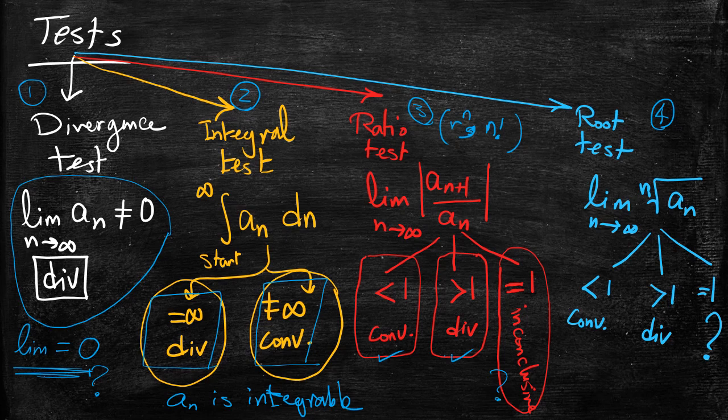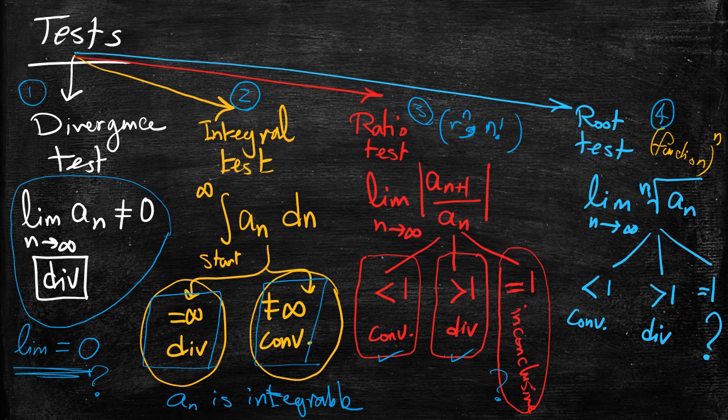The last one is the root test. The root test can be used if we have a function, and this function is raised to the power of n. So the first, second, and third tests will not be applicable or are not easy to use, so this one is the suitable test for this kind of problem.